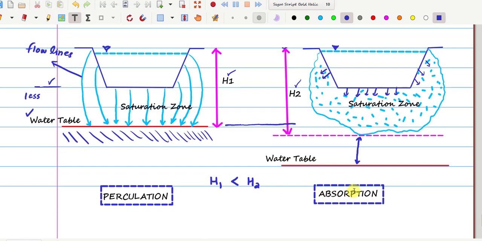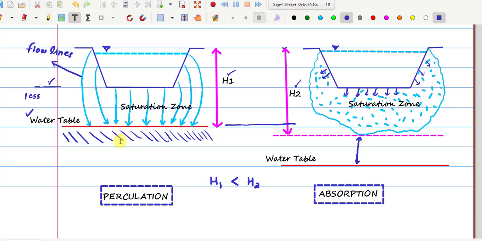We are discussing absorption, right? In absorption, from the top to the bottom of this zone, the area is saturated. That's why it is called the saturation zone. But the remaining area from the bottom of the saturation zone to the top of the water table may be either dry or partially saturated. So there are two zones in absorption: the upper saturated zone, and the remaining part, which is either partially saturated or dry.